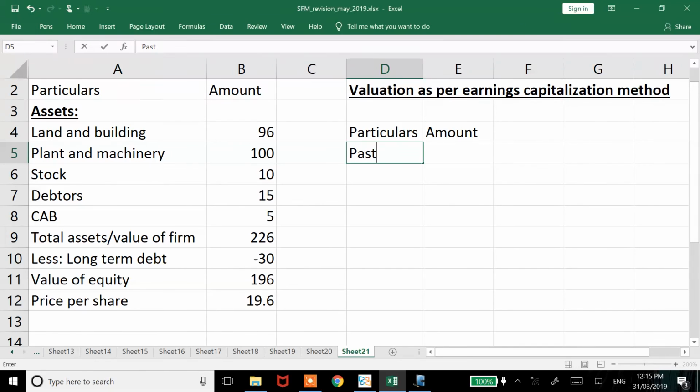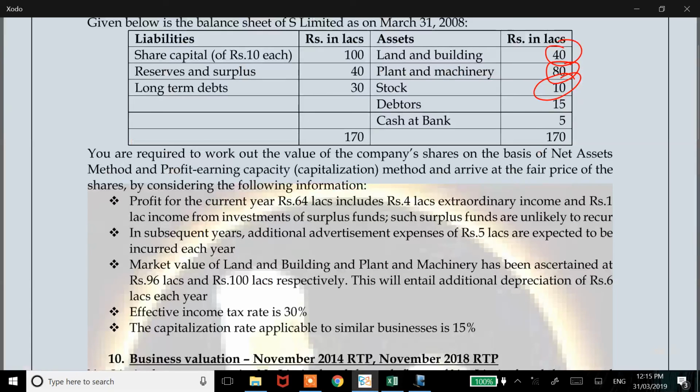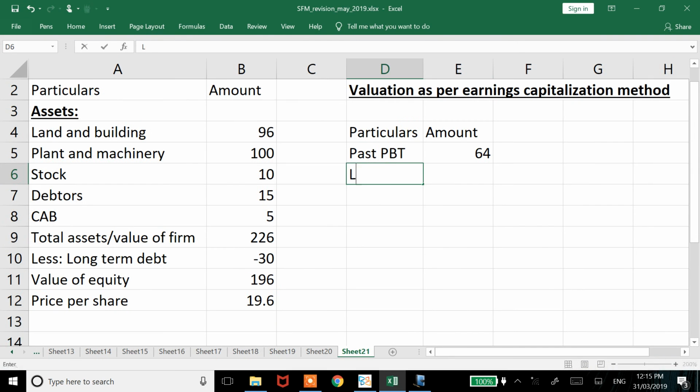Past PBT 64. Some extraordinary income, all this we'll have to deduct only.